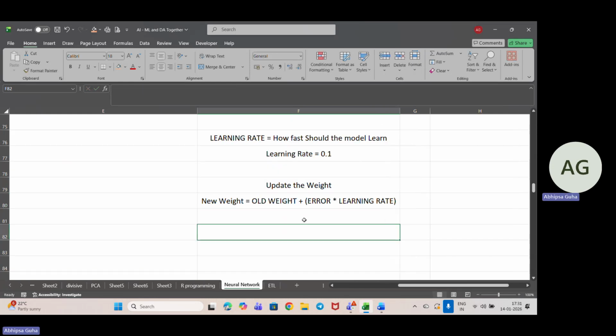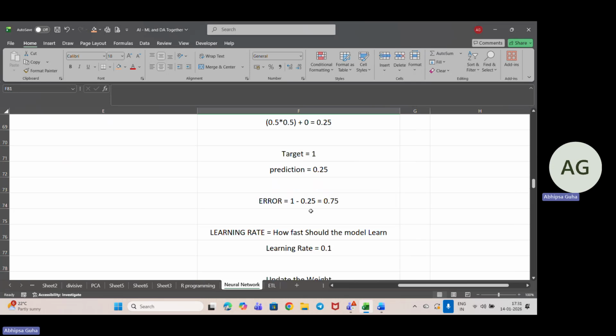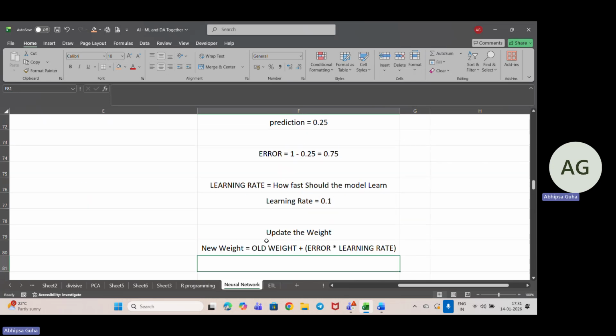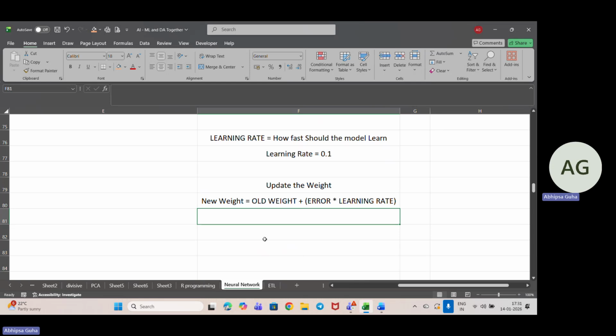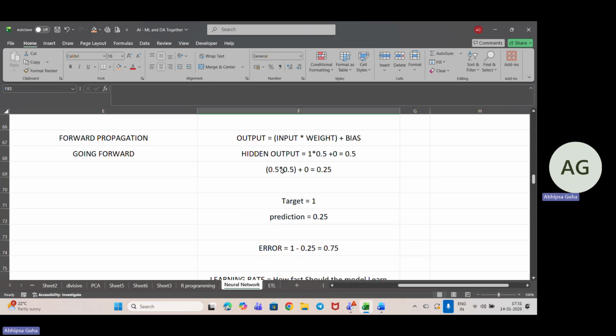Got it, guys? So basically, suppose here we have W2. W2 I need to update because, with the learning rate 0.5, what comes down for this one is the output. This is the outer layer output basically.